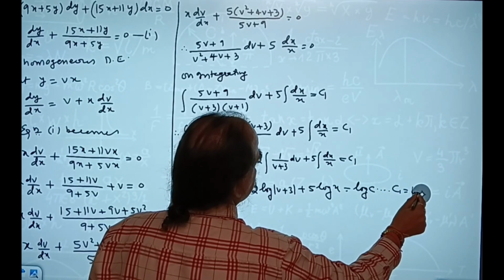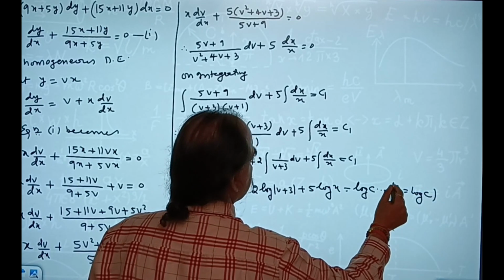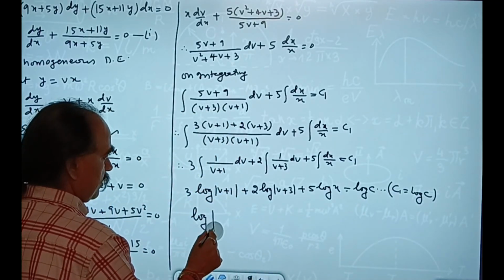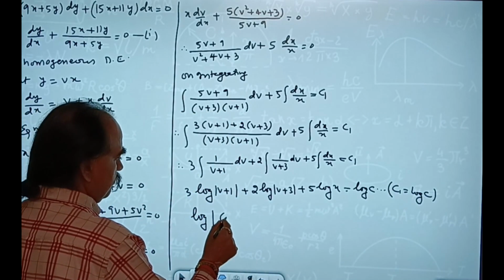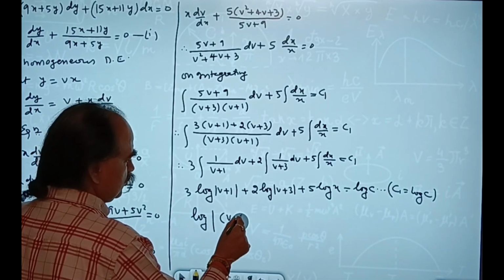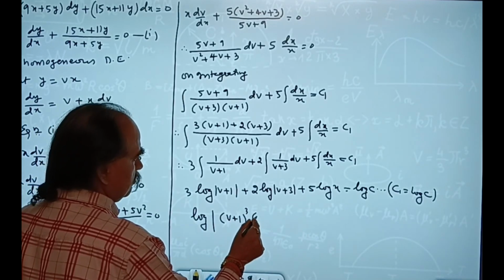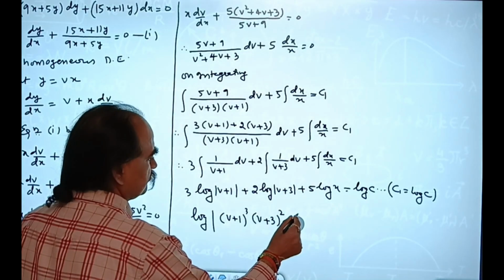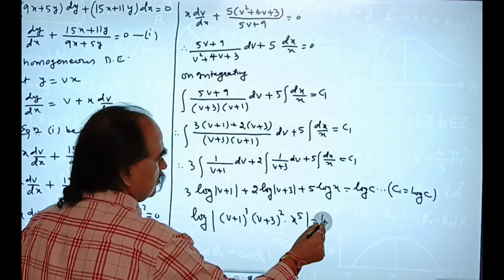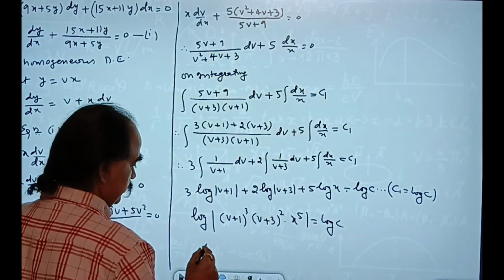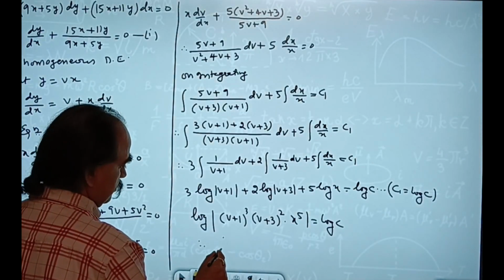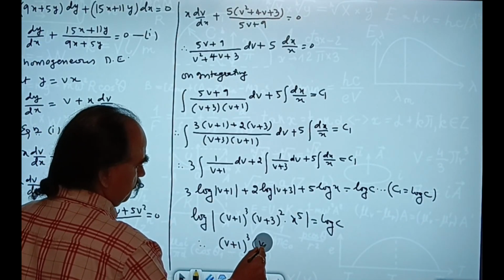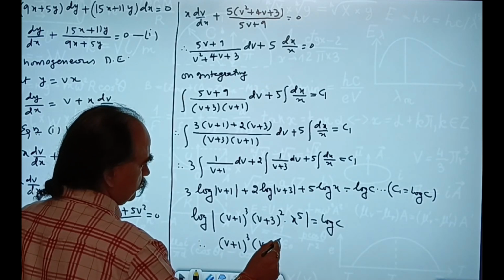C1 is equal to log c. So log of v plus 1 cube, v plus 3 square into x raised to 5 is equal to c.